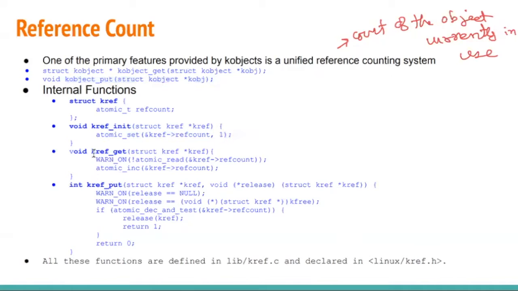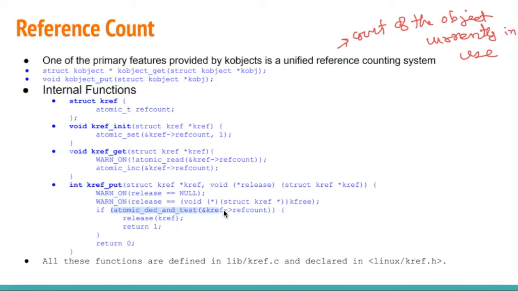When we run get, we are atomically incrementing the reference count, and when we put the kobject, we run the kref_put function.